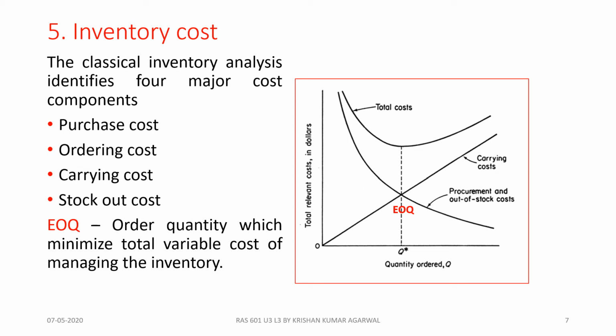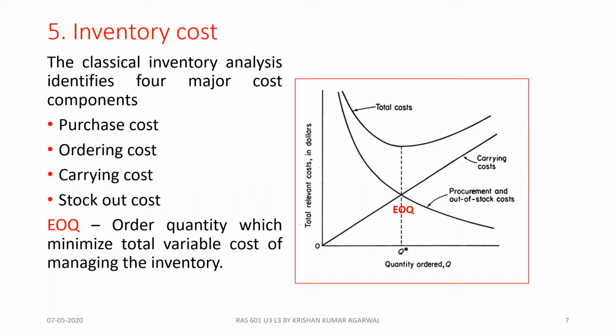Here you can see that the point where carrying cost as well as procurement cost meet is known as the EOQ. It represents the quantity of material that should be maintained by the manufacturer in order to keep the carrying cost as well as procurement cost as minimum as possible.